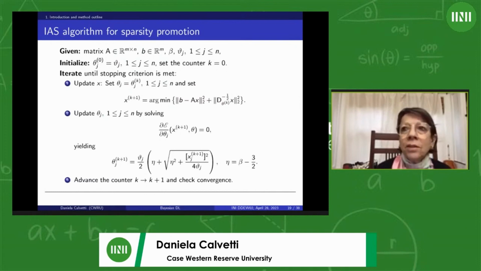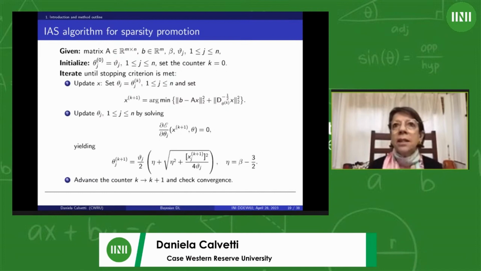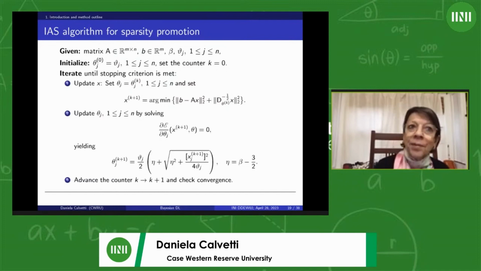We're saying that the vector that we're looking for, which here I'm representing as a vector x because this is fairly general, has entries that we expect, most of them, to be 0 or very small. So we model them as independent Gaussian random variables with 0 mean and with variances that are unknown.